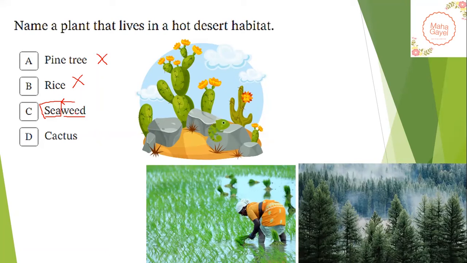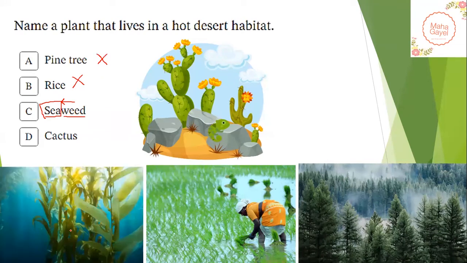Weed, اللي هي a sort of what? You know, حشائش. حشائش البحر. Some sort of grass, but inside the water. It grows inside the water. So seaweed is not a correct answer. So it must be the cactus, sabor.